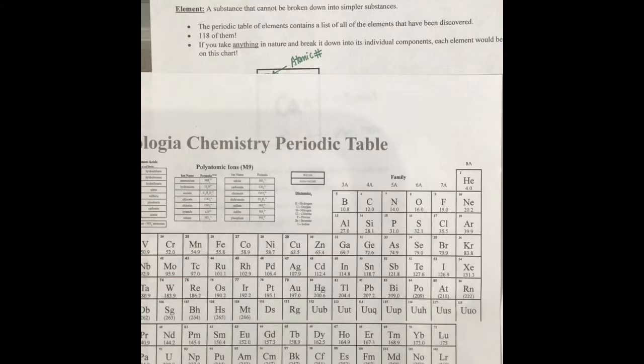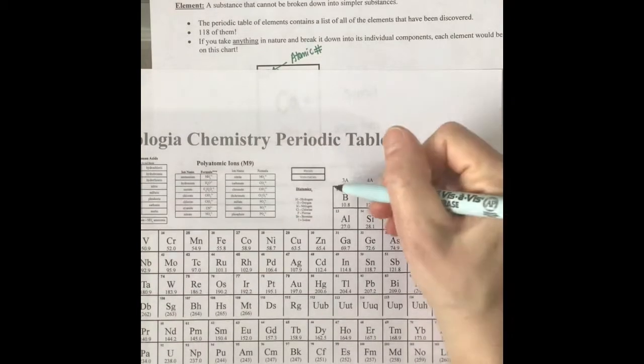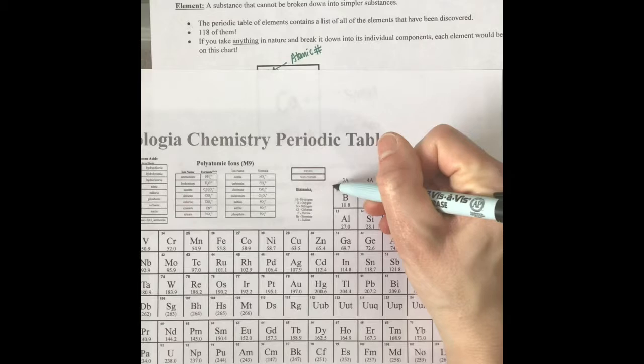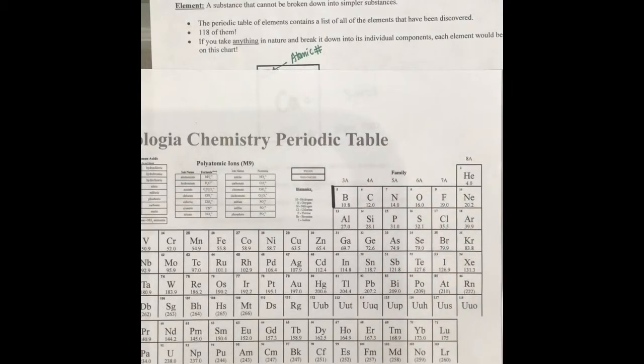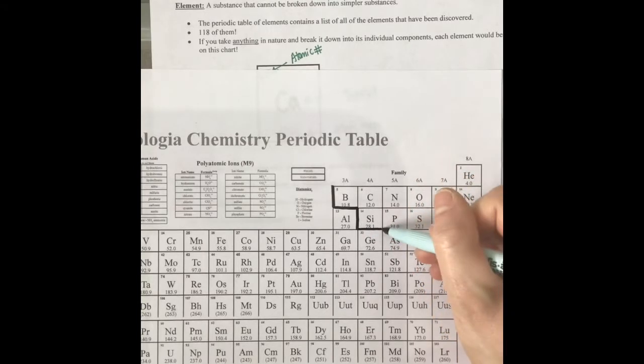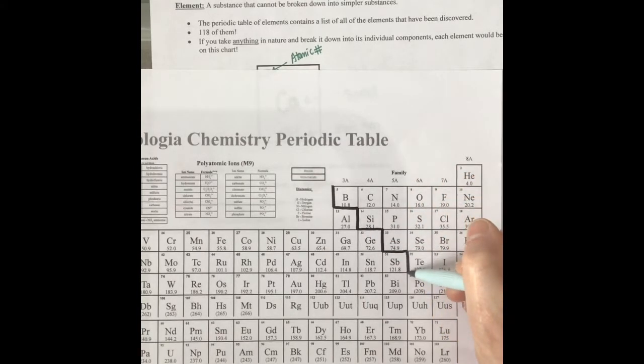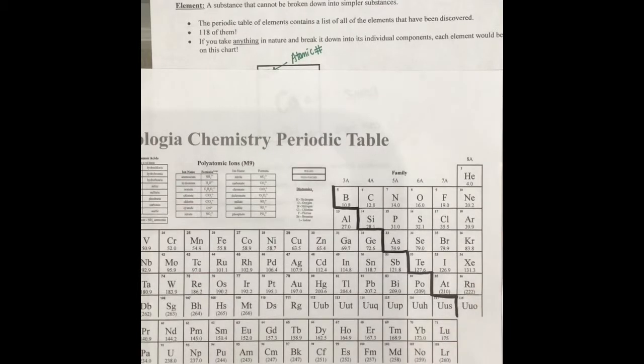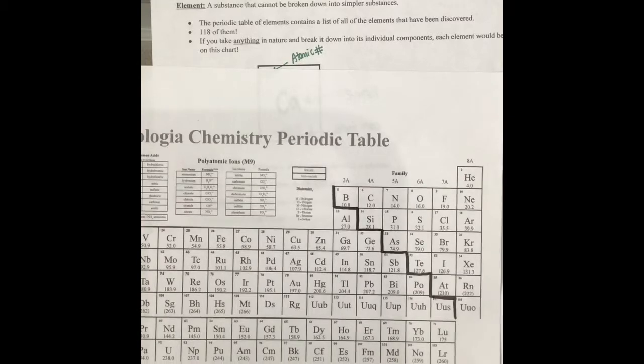You're going to take your dark colored marker and you're going to draw a line to the left of boron. This line is going to zigzag down all the way to the bottom of your periodic table, kind of like a stair step. And this dividing line is going to help us divide the periodic table between the two classes.